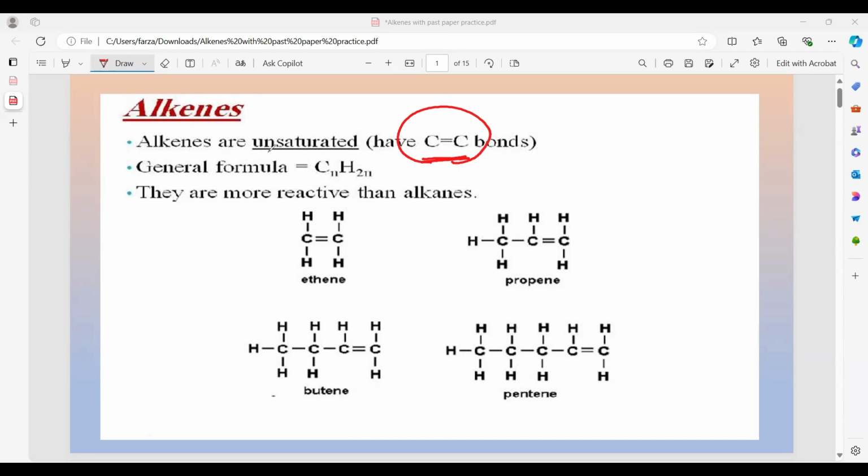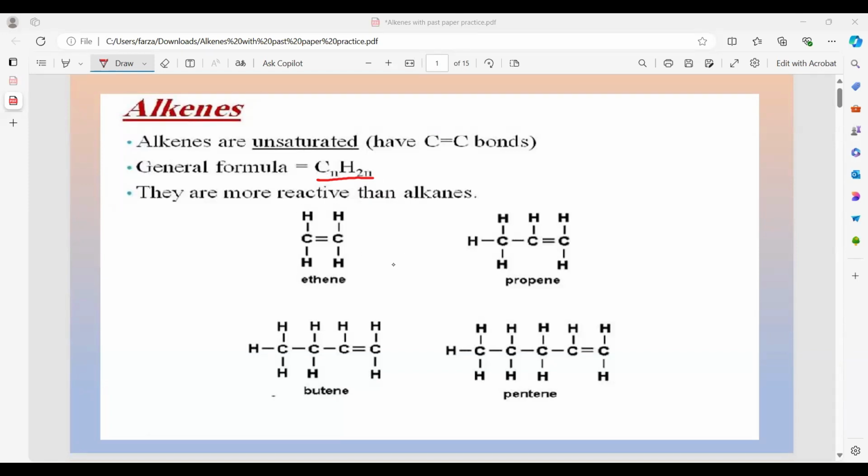So therefore they are called unsaturated hydrocarbons. Hope that's clear enough. So therefore even their general formula is different, CnH2n. So if you see, the number of hydrogens is twice that of the carbon atoms, unlike in alkanes.